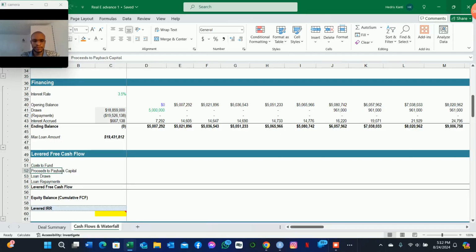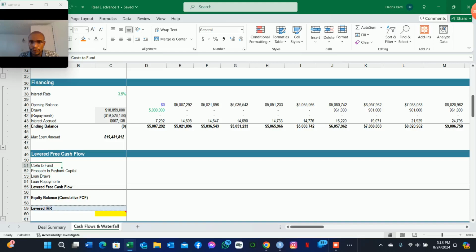So, for the cost to fund, deposits to pay back capital, as it is in our regular non-project financial model, we will say that this cost to fund and deposits to pay back capital could refer to our net earnings.